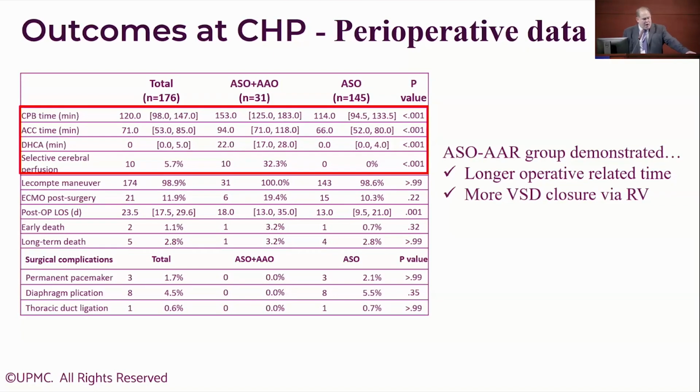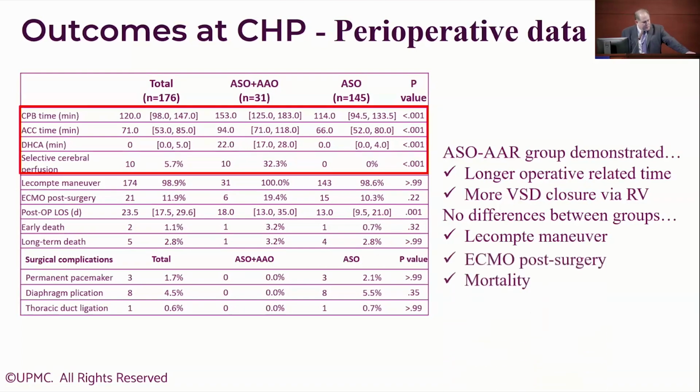These patients require more closure of the VSD through the right ventriculotomy. There was no difference between the groups; the ECMO run is most likely the same. Now, maybe it can be biased because the arterial switch is a larger population. And the mortality shows almost no difference.